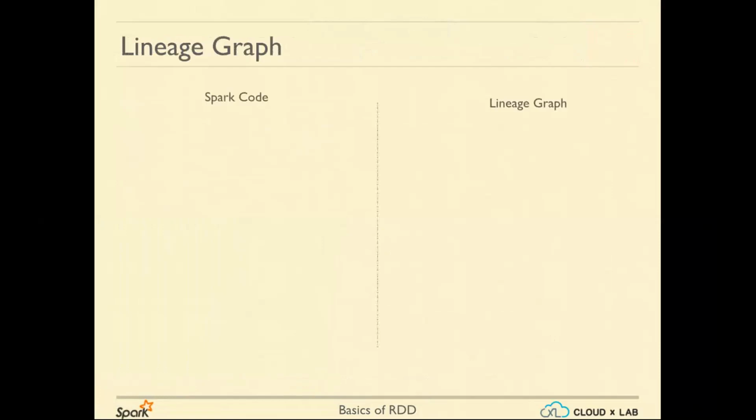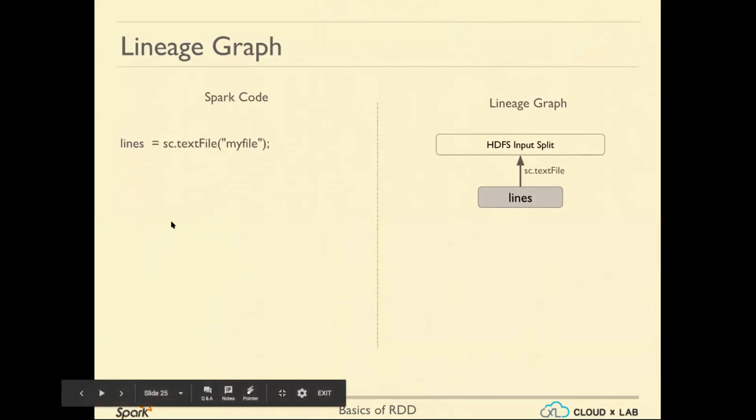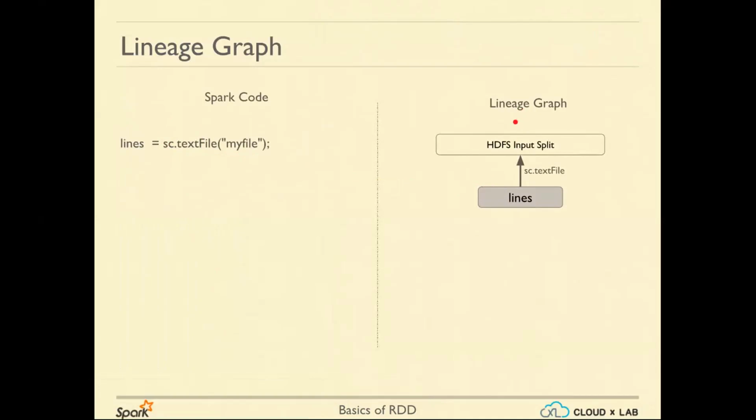When we define a particular RDD here called lines, with sc.textFile and some file, it creates this kind of graph. Each RDD is represented by a node, and each arrow is represented by the function. This is the first node in the graph. Then we define fewLines equals lines.filter, so fewLines depends on lines and the operation is filter.